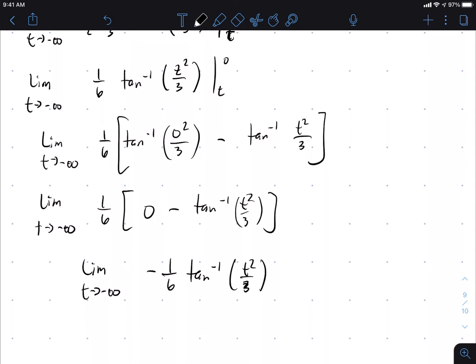Remember, tan inverse is restricted from negative pi over 2 to pi over 2, correct? Yes. So if it's restricted, that means that we're looking at this.